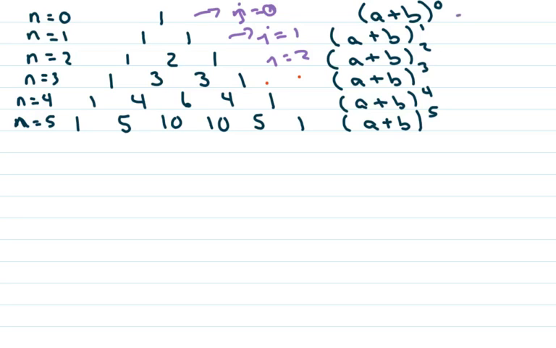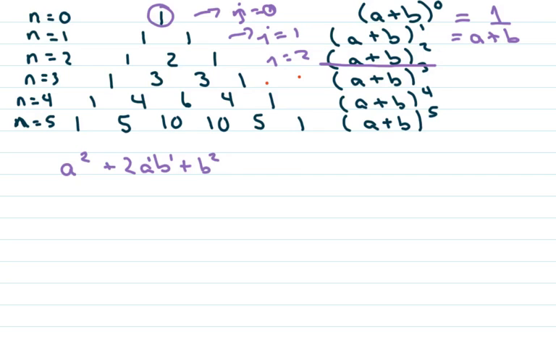Knowing this, we know that anything to the 0 is 1, so that's what we get here. We also know that anything to the first power is itself, so that's a plus b. You also know this one, a plus b squared, when you expand it, is a squared plus 2ab plus b squared.